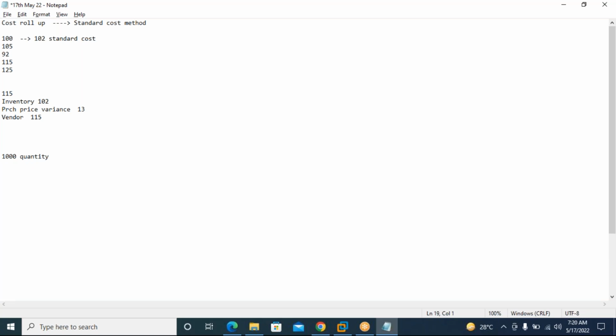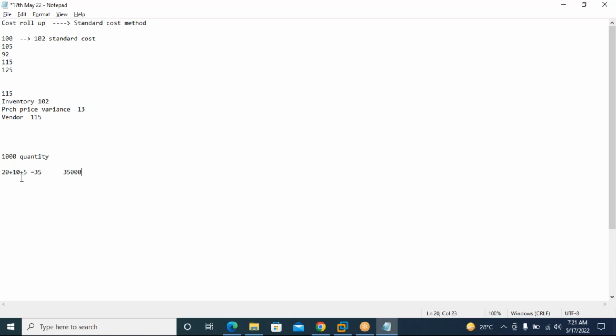Whenever I'm producing 1,000 quantity, I need to calculate raw material price, like suppose one item is 20 rupees plus 10 rupees plus 5 rupees. It is a total of 35 rupees. Then if you are producing 1,000, it will be 35,000.